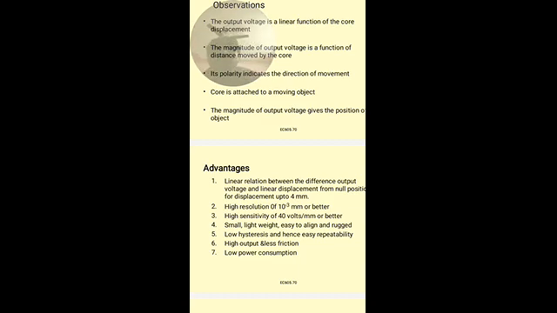So small changes in the movement of the core can also be indicated by the output voltage. Sensitivity is very high, with a resolution of 10 power minus 3 mm or still better.